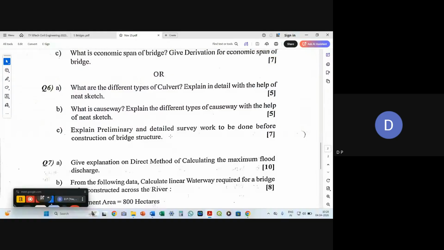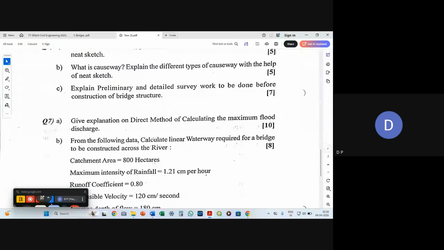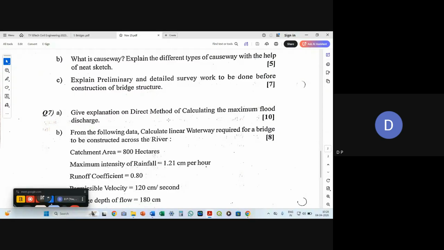So explain preliminary and detailed survey work to be done before construction of a bridge structure. Give explanation on direct method of calculating maximum flood discharge. So while providing passage under the bridges, we have to consider the maximum flood going to happen at that place. So these are the hydrological calculations.